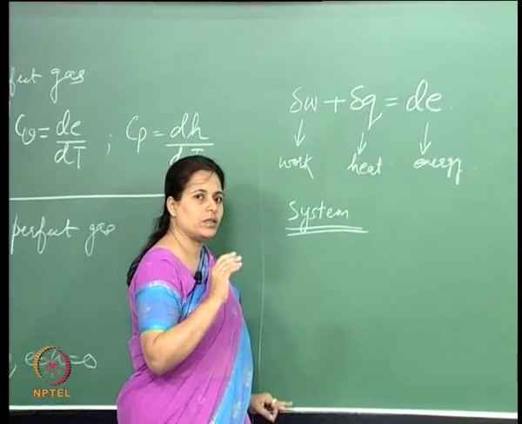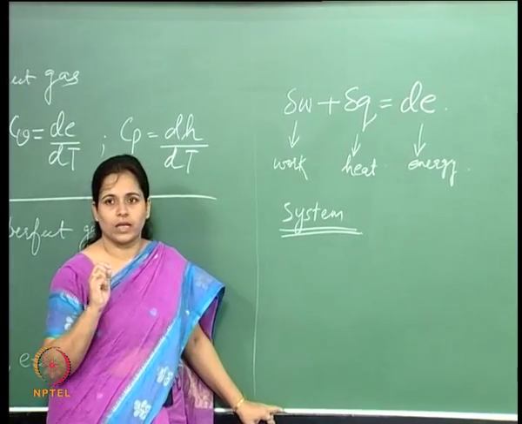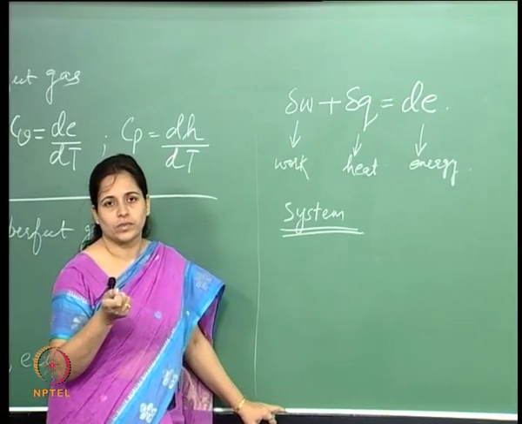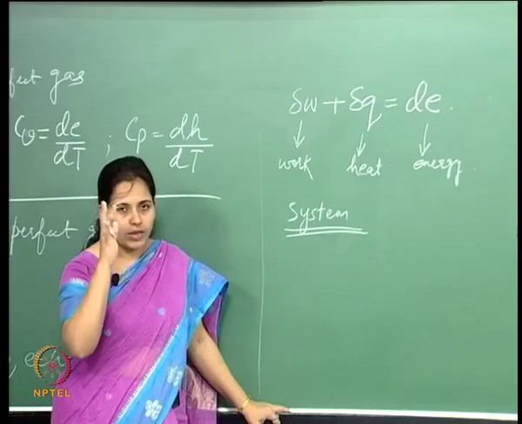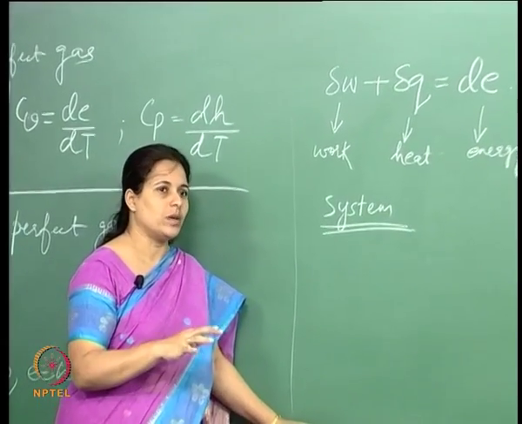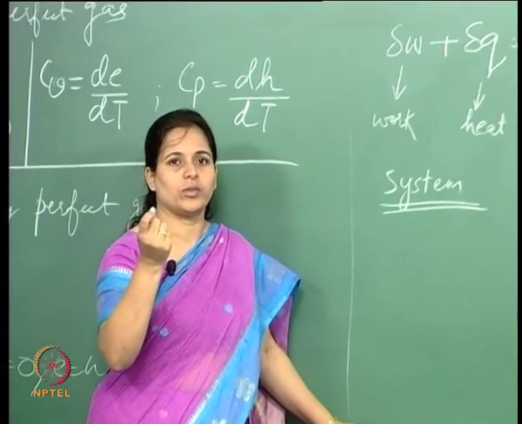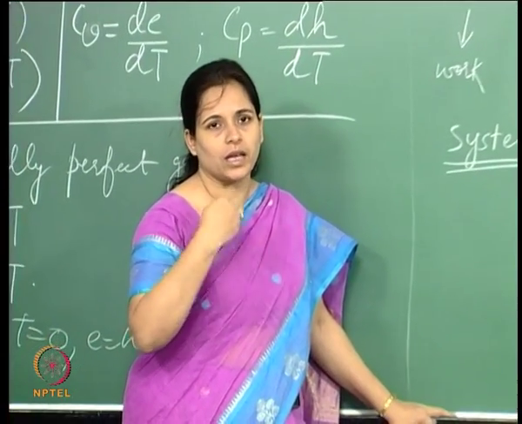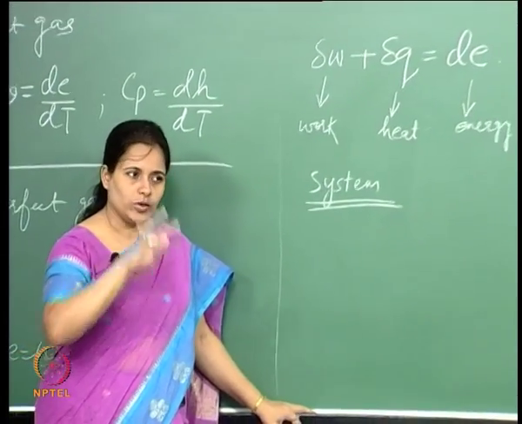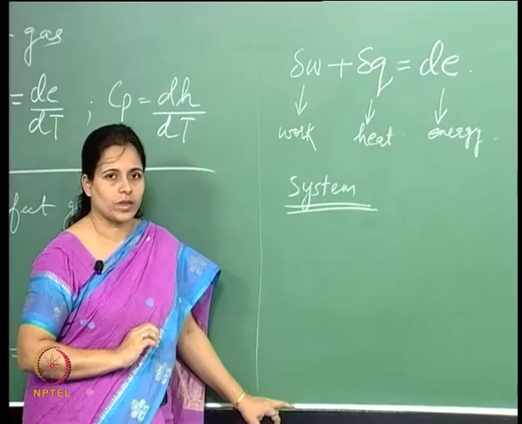For example, say you have fever, right. You have fever and you use a thermometer to take your temperature. So basically in this case you are the system, and you take the thermometer and take your temperature. So, then you are looking at the temperature profile of you, which is the system in this case.